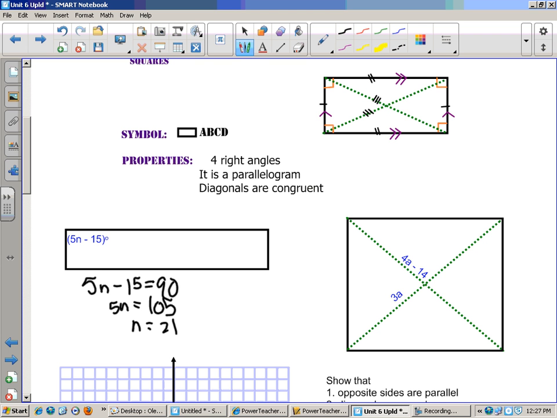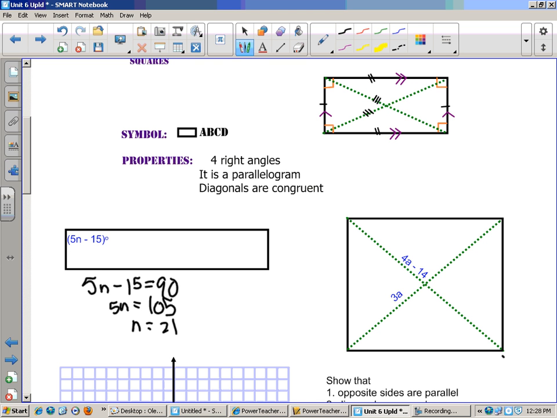Why are they equal to each other? You're right. Why are they equal? Diagonals are congruent. So this whole side is equal to this whole side. Why would this piece be equal to that piece? Right. Does that make sense? Because if these two are equal and we split them both in half, wouldn't all the halves also be equal? Right? Like half of 2 is 1, and half of 2 somewhere else is still 1.